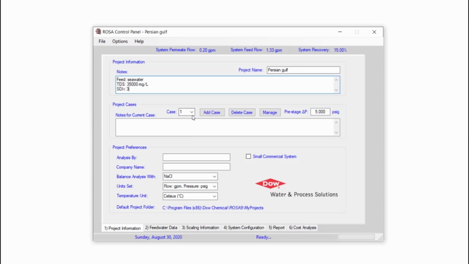You have only one case, and in the project preferences, for example, analyzed by Ehsan Jafari, company name IWRS, balance analyzes with NaCl, and the unit for this case study is cubic meter per day, pressure in bar, and temperature also in Celsius.